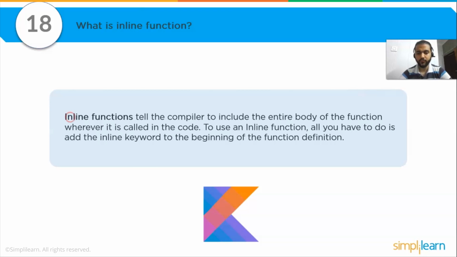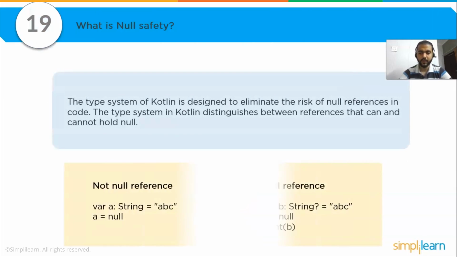Now coming to what is null safety. Null safety is a very important feature. The type system of Kotlin is designed to eliminate the risk of null references in code. The type system in Kotlin distinguishes between references that can and cannot hold null. Here's an example of a not-null reference, which will show you a compiler error: string equals ABC.